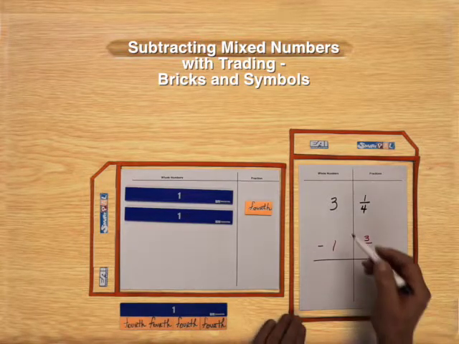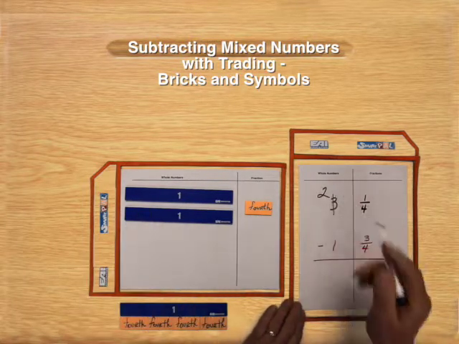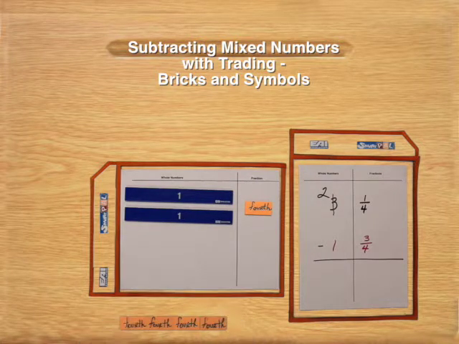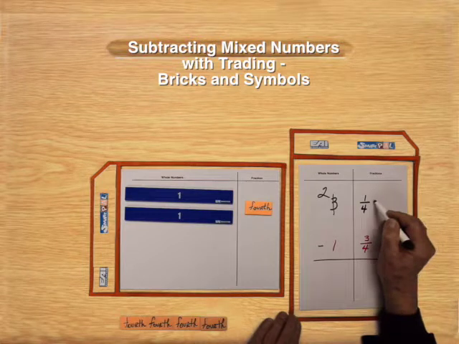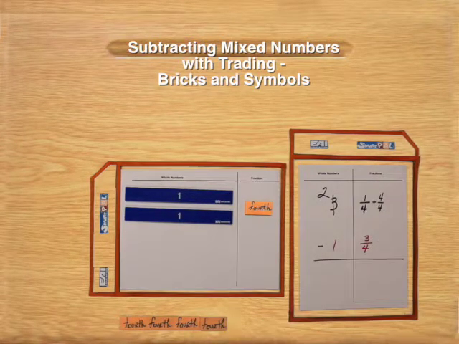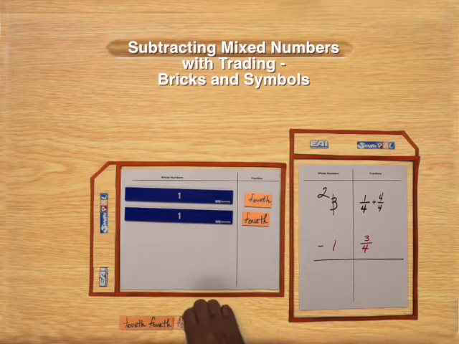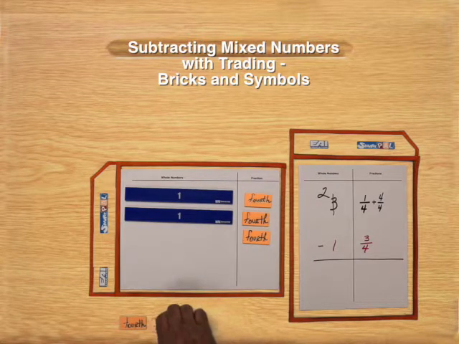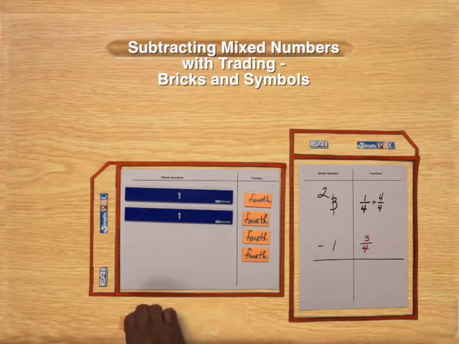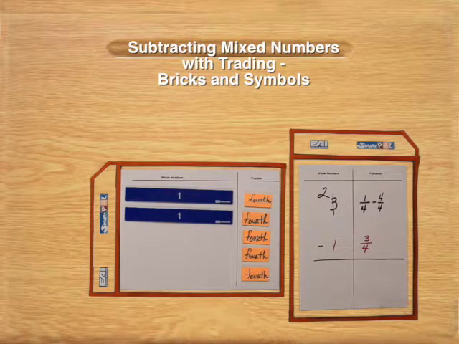I trade one of my 1s, which leaves me with 2 1s. So I trade that in for 4 more fourths. And I place the 4 fourths with the fourth from the problem. So now I have 1, 2, 3, 4, 5 fourths. And let's record that.